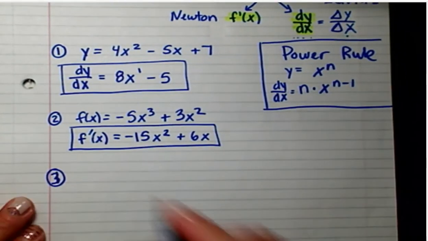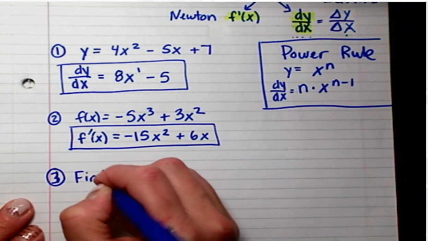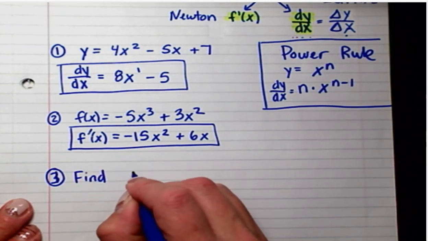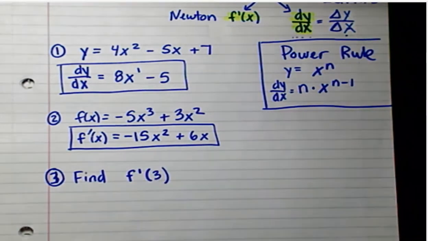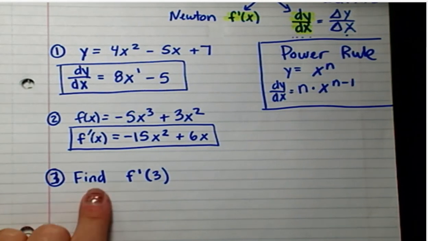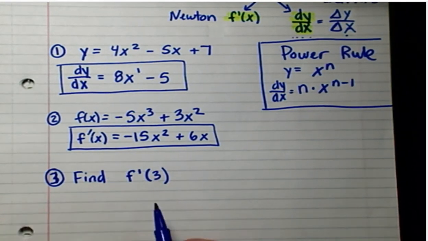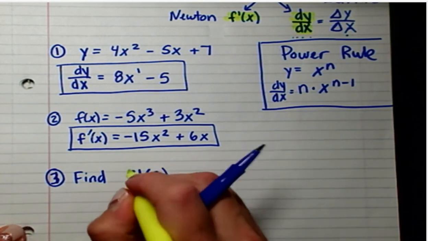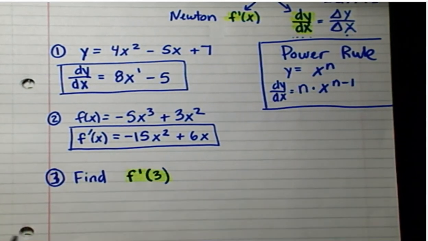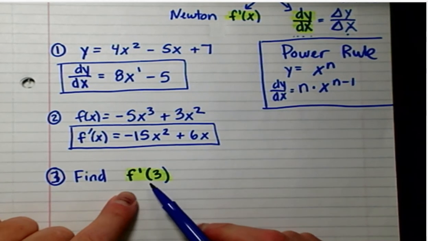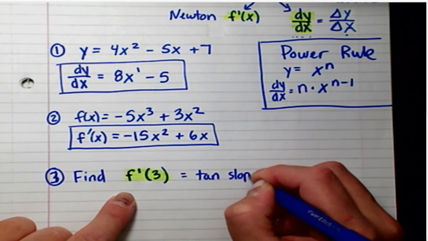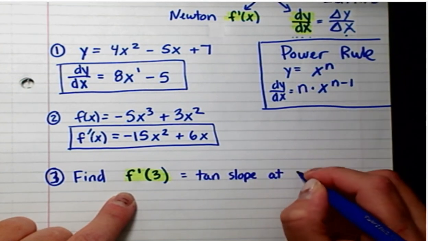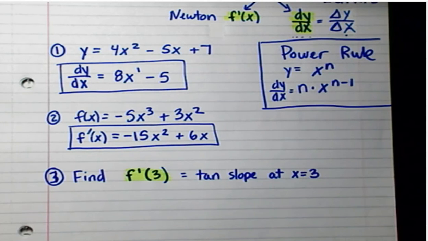All right, 3. Find f prime of 3. Okay, so I'm sort of adding a piece here. Find f prime of 3. So I'm going to translate this. We know that f prime is tangent slope at x equals 3.